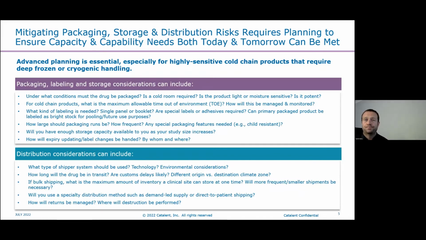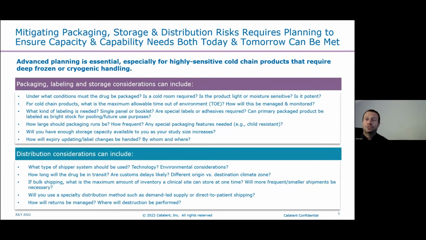How do you plan that in to make sure that you can update expiry as the stability time point results come through? We also need to think about distribution, and I see this being overlooked a number of times as well. You've got your drug manufactured; it's now packaged into the final kit, and then the companies are looking at how they distribute to the patients. We need to think about this, preferably months in advance, to understand if the drug has a certain temperature requirement.